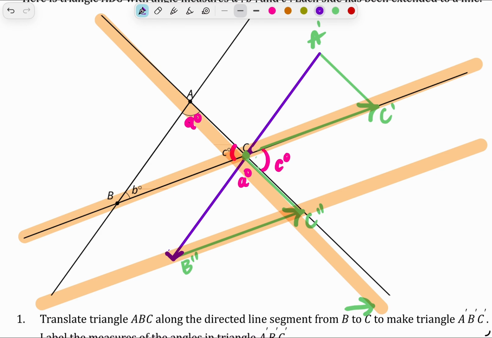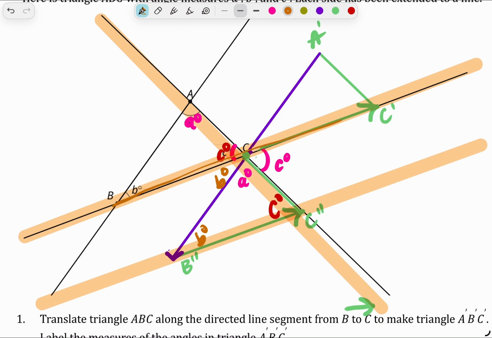Angle C is over here. And you can see that this is also angle C from when we translated it, or these are corresponding angles. And this is angle B from the transformations. And we could see that these are alternate interior angles, B degrees.